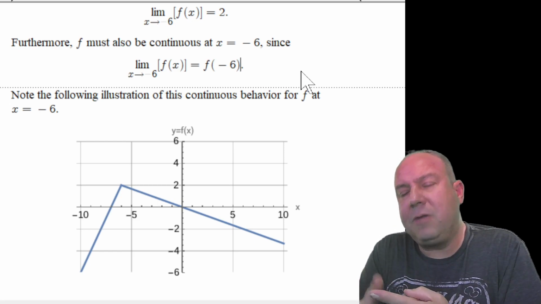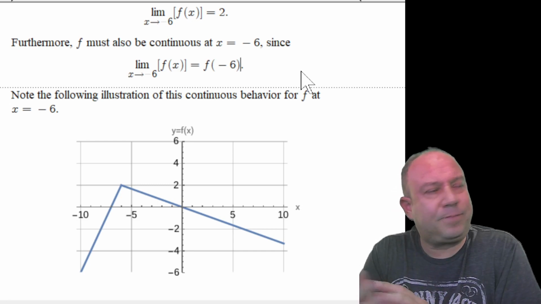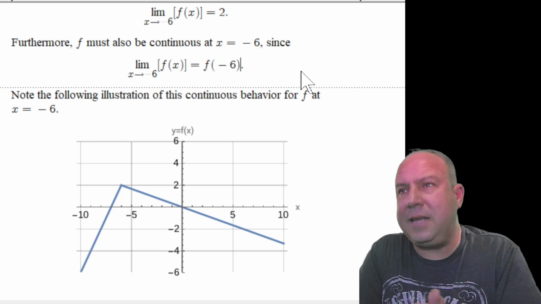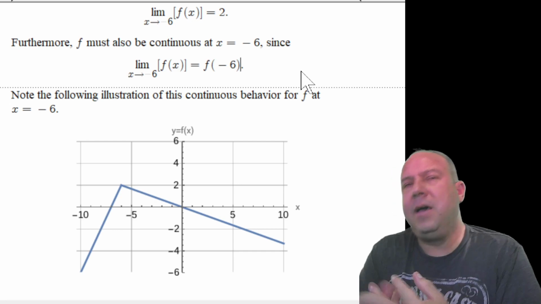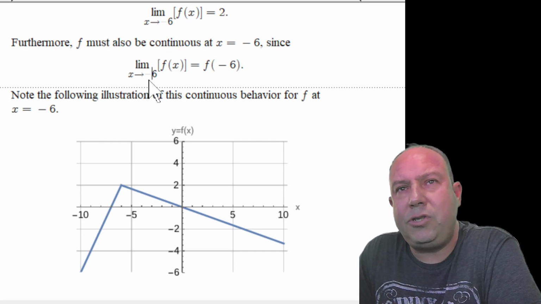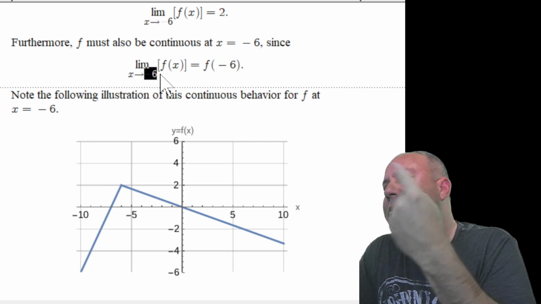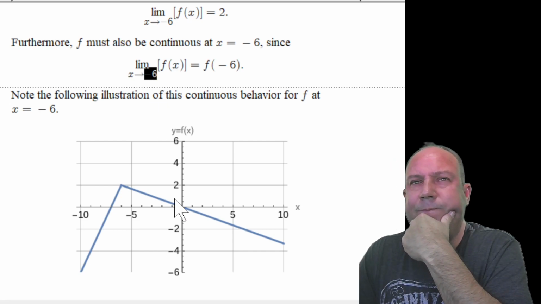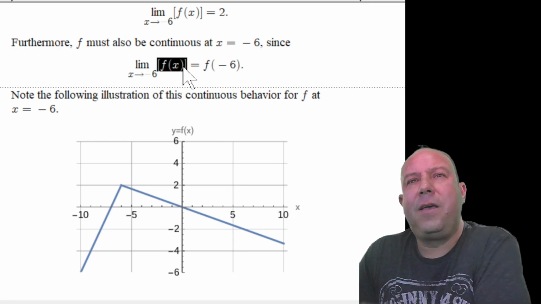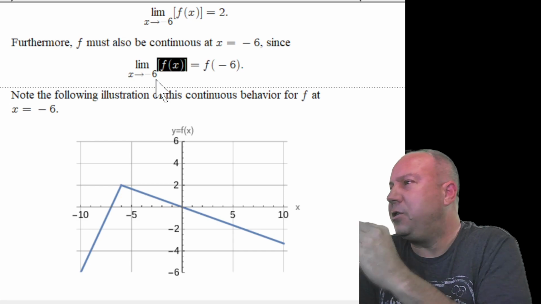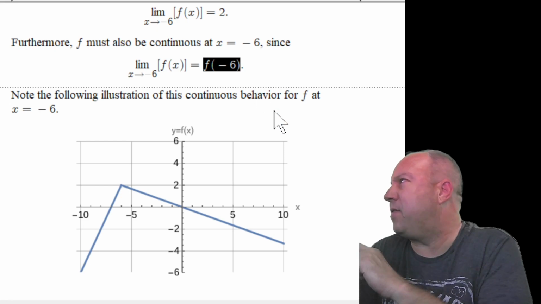Where it plays a big role is in this technique we call the substitution method. One of the early techniques for evaluating a limit that you're going to learn is just to take the value that the independent variable is approaching in the limit, in this case the value -6, and substitute it into the function. There are a lot of functions where, through substitution, you can evaluate the limit to be just the output of the function at that value.